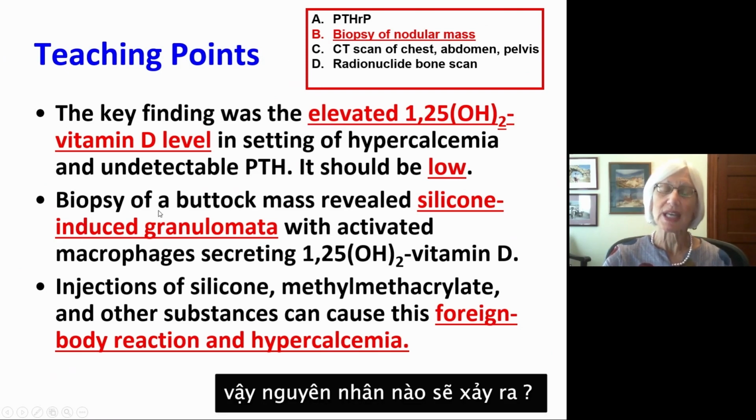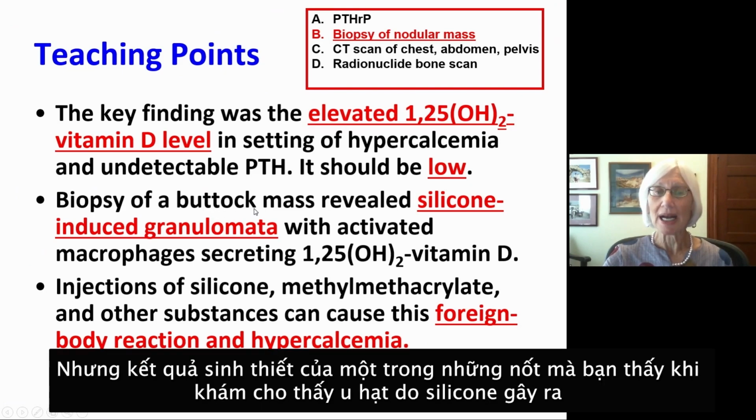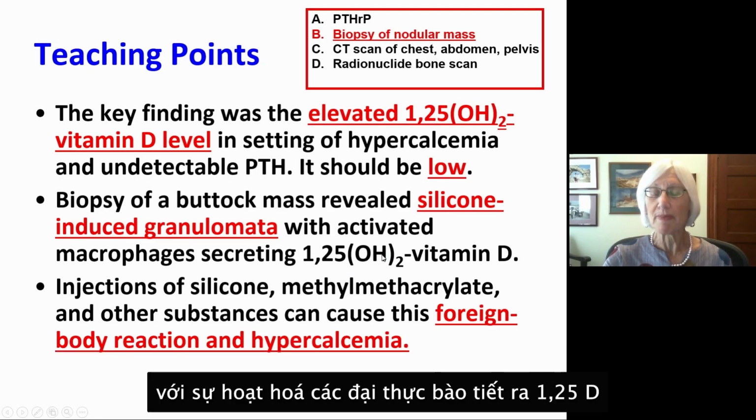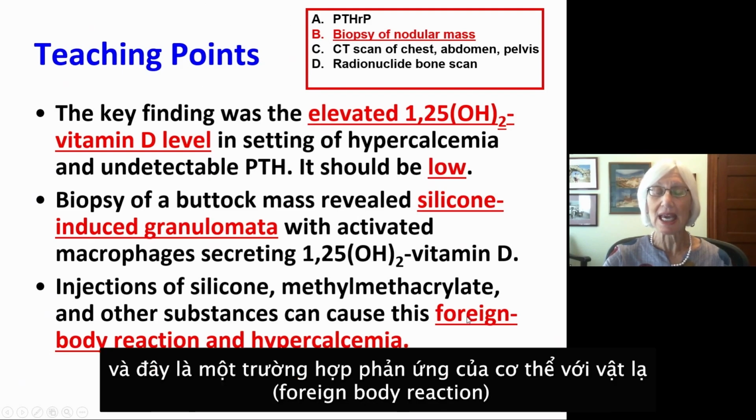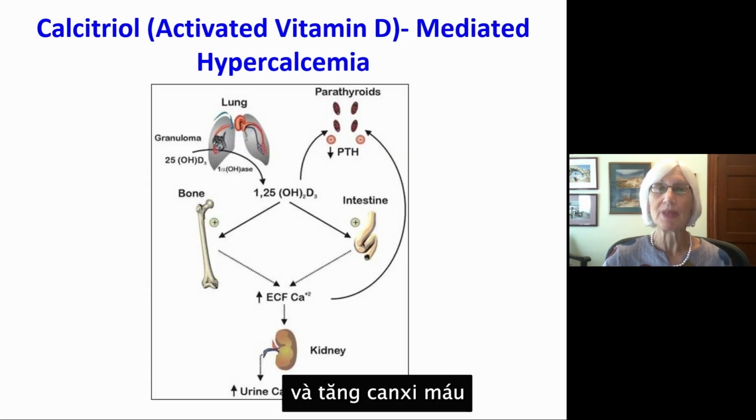So what causes that we'll go through, but the biopsy of one of her masses that you felt on exam revealed silicone-induced granulomata with activated macrophages secreting 125D, and this is a case of a foreign body reaction and hypercalcemia.